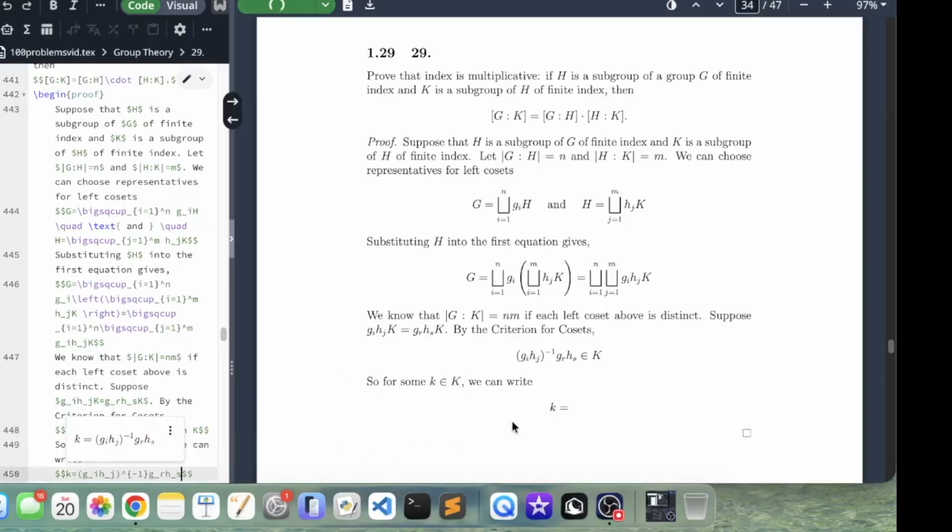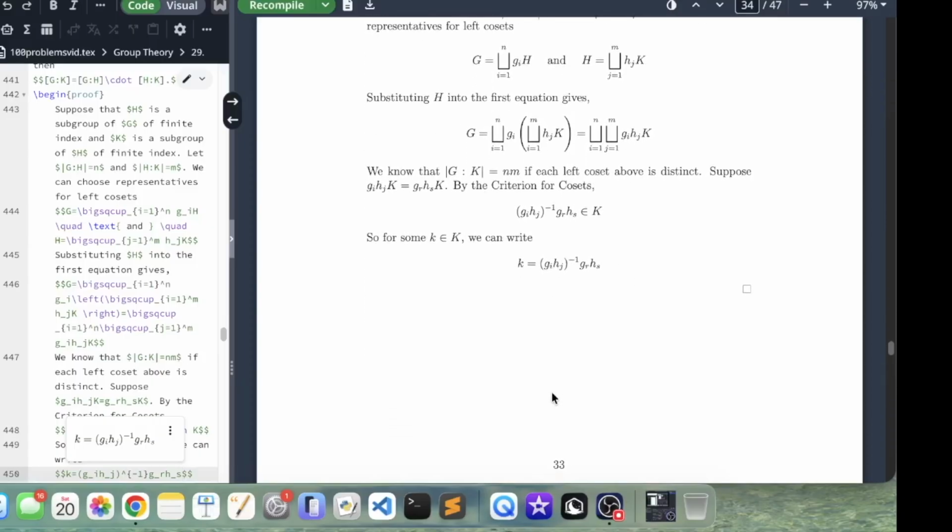So we can write an element of K as this guy, and now we can manipulate this.